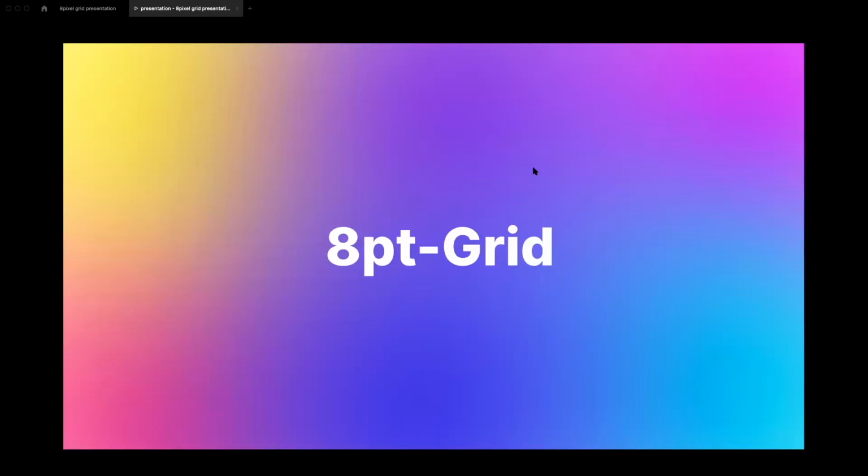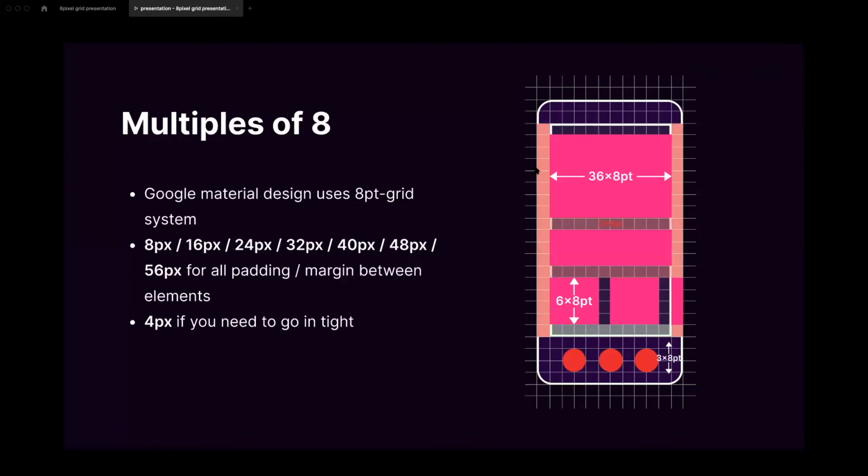Moving on to the 8 pixel grid. Google Material Design uses the 8 pixel grid system for Android devices and most responsive web design, which means all the spacing, size, and scale of the elements are made with multiples of 8, such as 8, 16, 24, 32, and so on, for all padding and margins between elements.